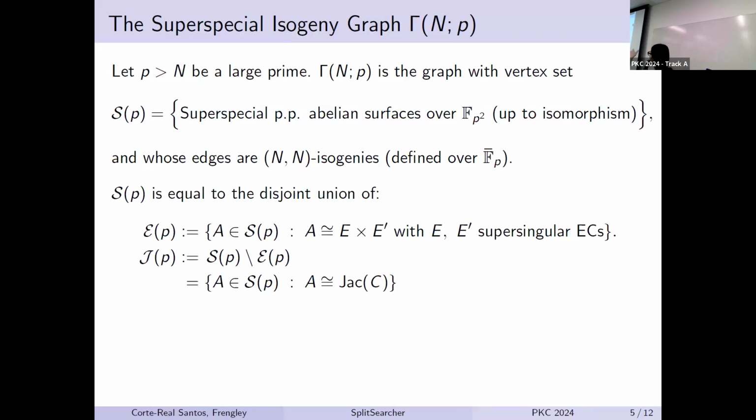Because we can decompose these abelian surfaces into two types, the vertex set can also be given as a disjoint union of those abelian surfaces that are isomorphic to a product of elliptic curves, which lie in this set E_p, and those that lie in this set J_p, which are just those that are equal to a Jacobian.